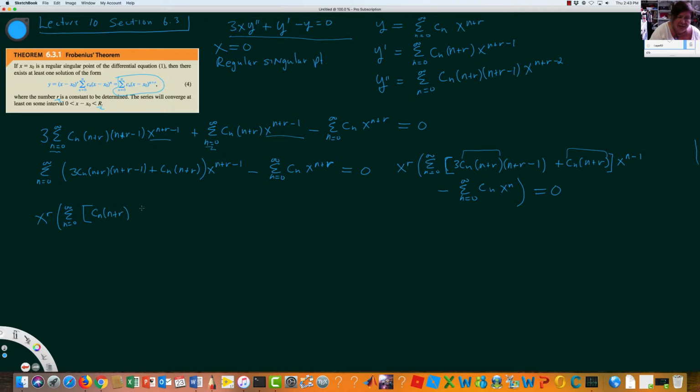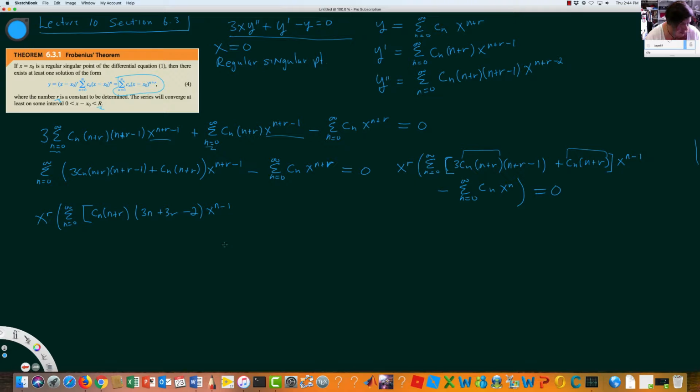So I'll get, let's pull the 3 in. So we'll get 3n plus 3r, and then minus 2, right? Because this will be 3 times minus 1, and this will be just 1, and I've got my little term here that I want. Okay, and then of course this is all times x to the n minus 1, right?